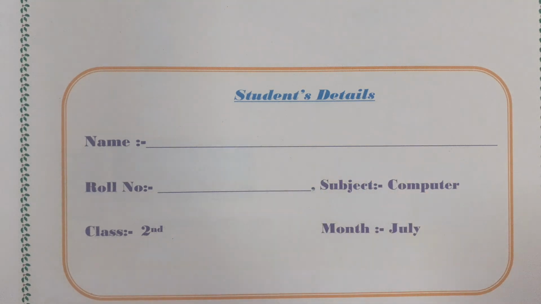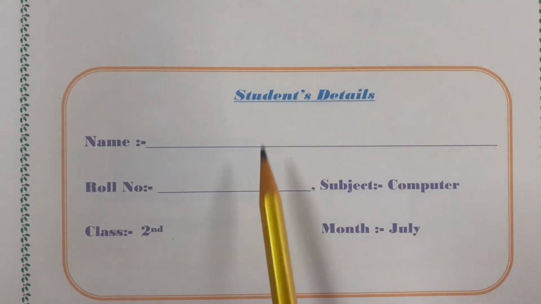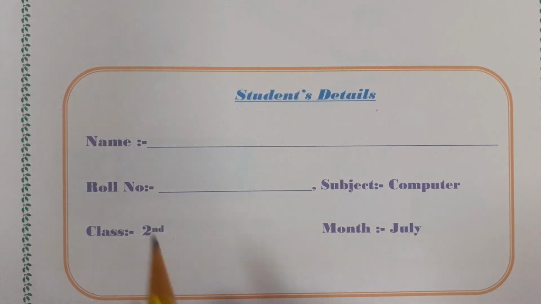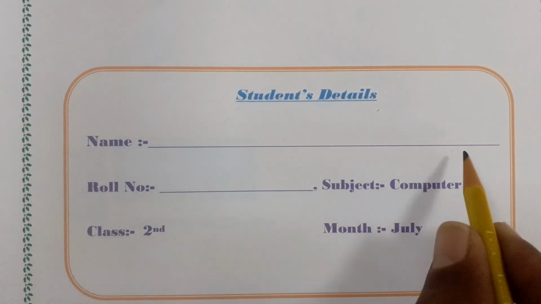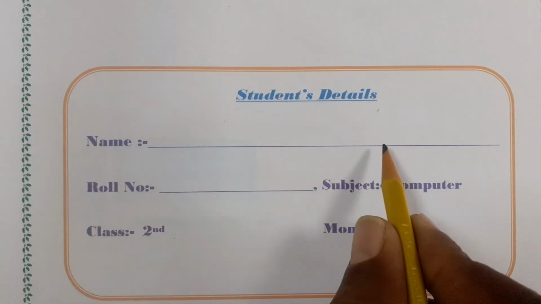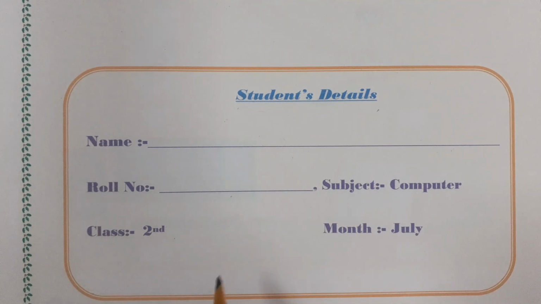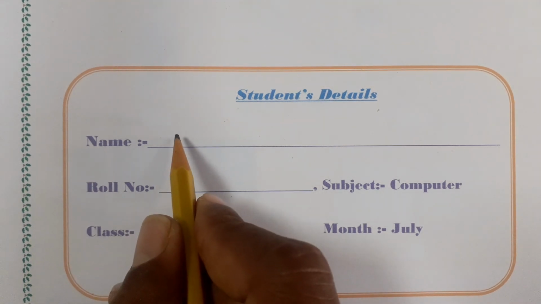What is inside this cover page? Student details, means your details, your information. So, you have to write here your name and roll number. Understand? Very good.